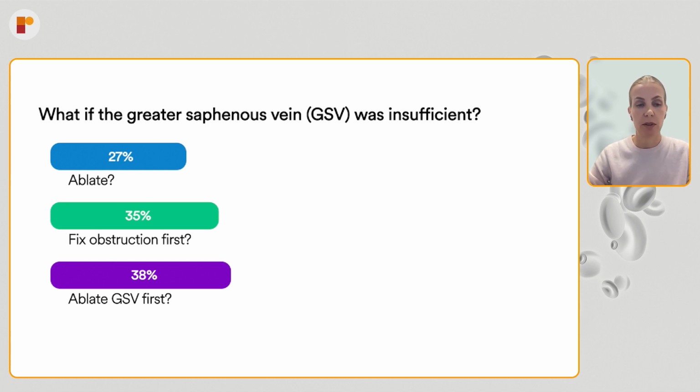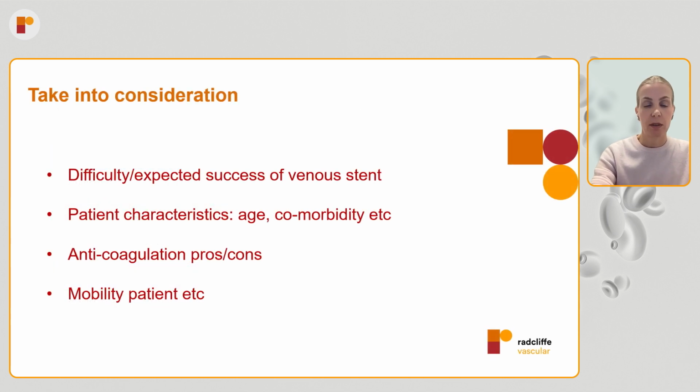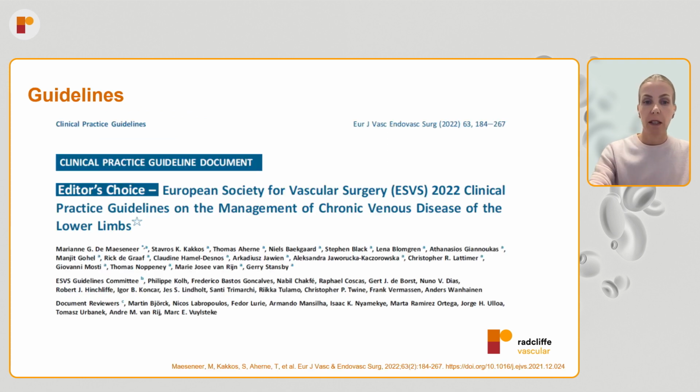Most people say don't ablate it, maybe because they think it is also collateral, so we need to save it. And then what do we do first, obstruction or the GSV? 35% say treat the obstruction first, and 38% treat the GSV first. I think Dr. Murphy will also talk about this.